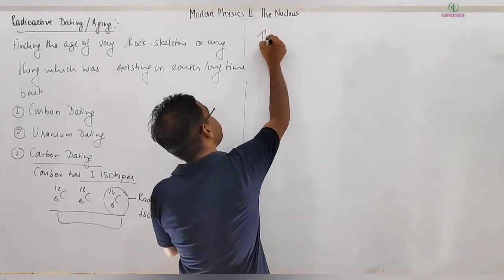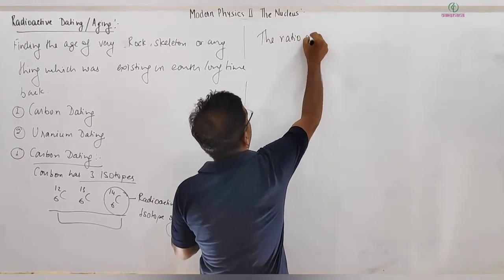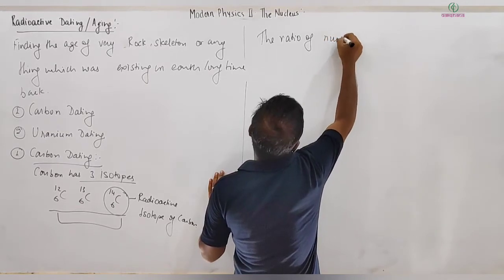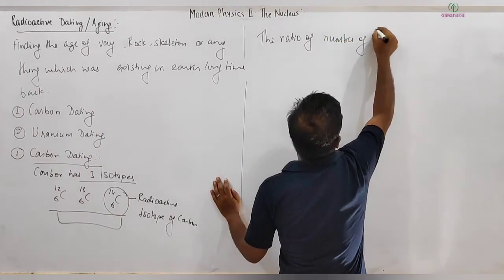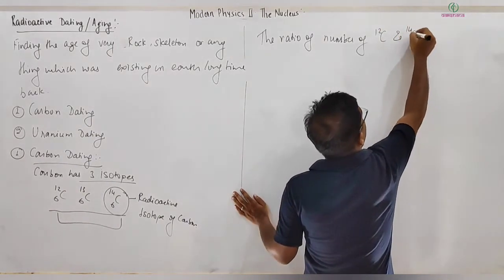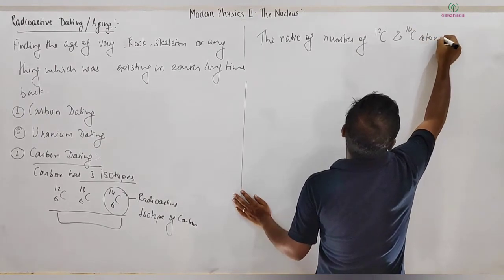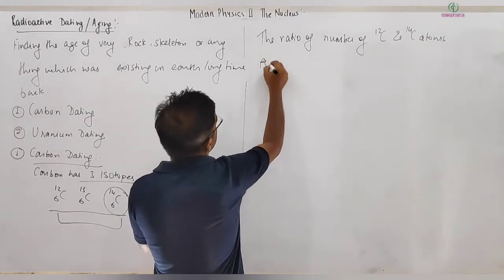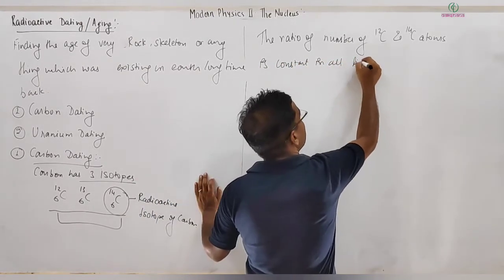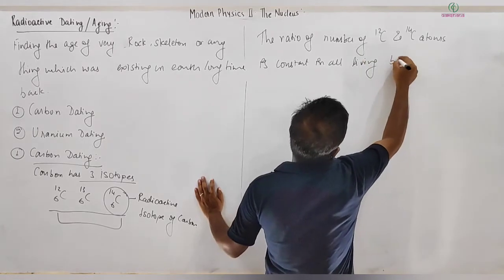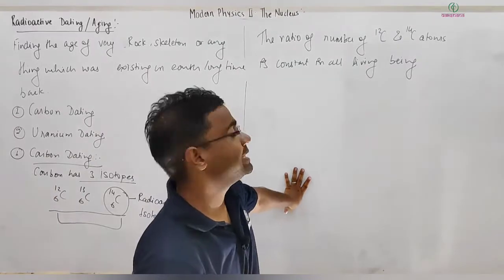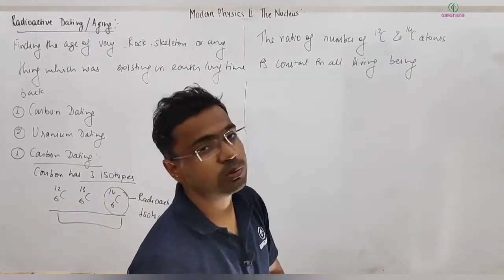The ratio of the number of C12 and C14 atoms is constant in all living beings, whether plant, animal, anything. If it is alive, this ratio always remains constant.